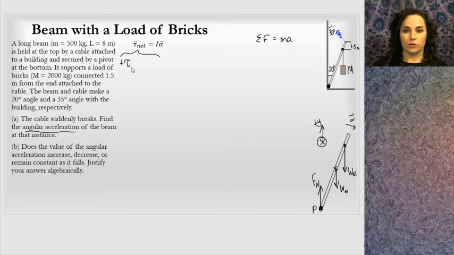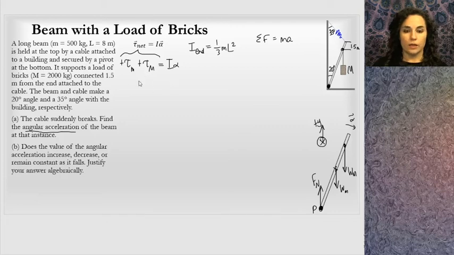So I'll go the torque due to little m plus the torque due to big M. That has to equal I alpha. While I'm here, I will write down I for the beam about its end, and this is like a stick or a rod. About the end will be 1/3 little m L squared.